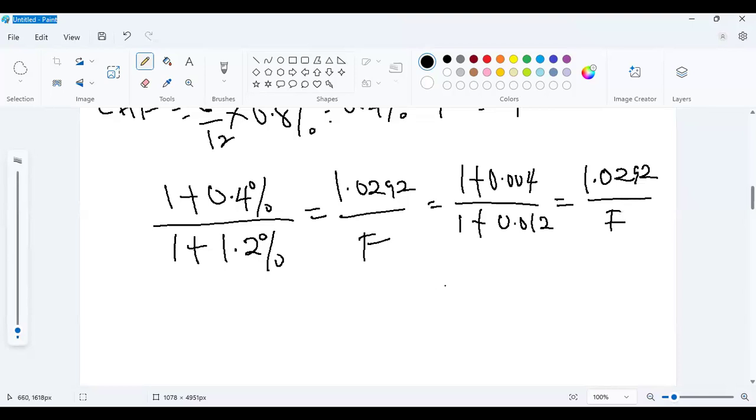Somebody has confirmed the answer to be 1.0374.